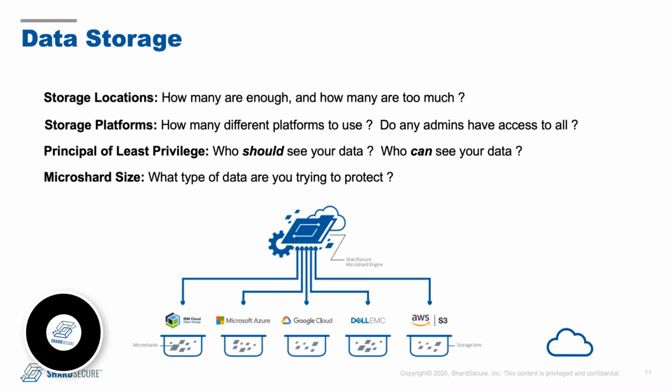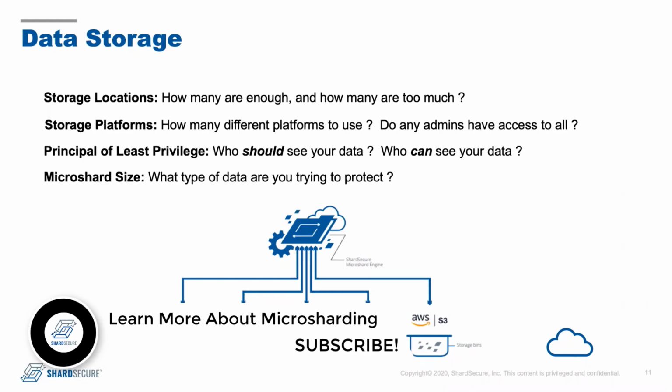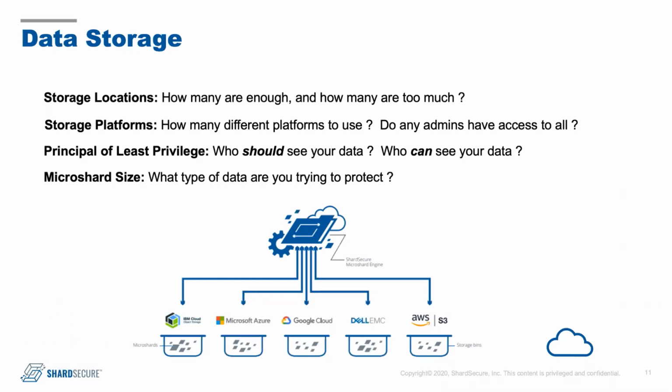And, oh, by the way, we outsource some of our operations to a third-party company, and so they actually have access to that environment and can see that data. And what I say is that according to the principle of least privilege, if there is any difference in those two answers of who should see your data and who can see your data, then you've kind of failed the principle of least privilege.